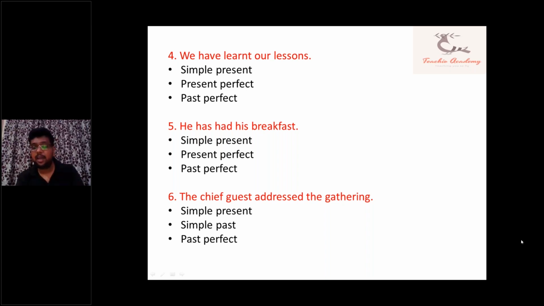We haven't seen has, had, or have here. We have seen addressed, the third or the second form of the verb. So this is past simple tense. Yes, Sahila. Yes, Anita. Yes, Pinky. That's B, simple past tense. Let's come up with another question.